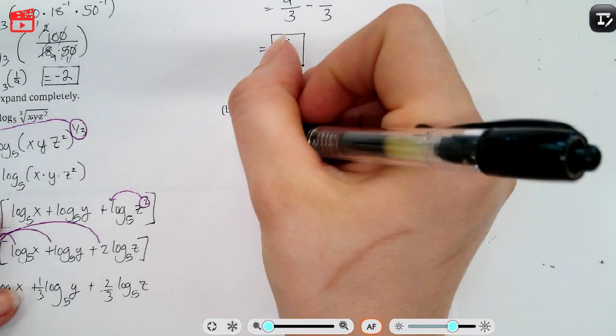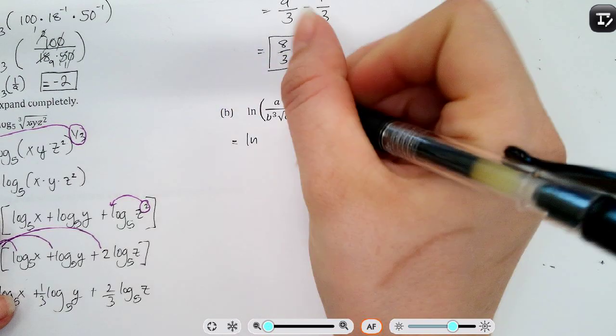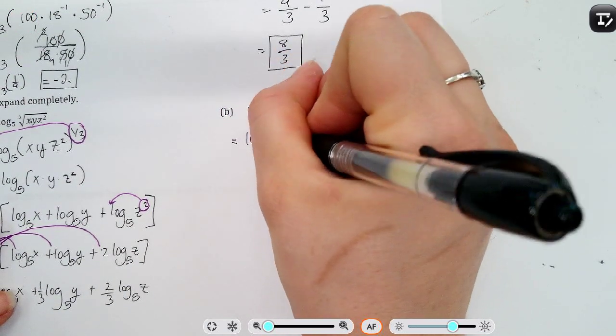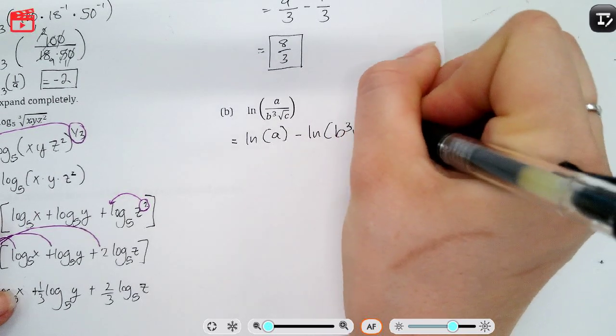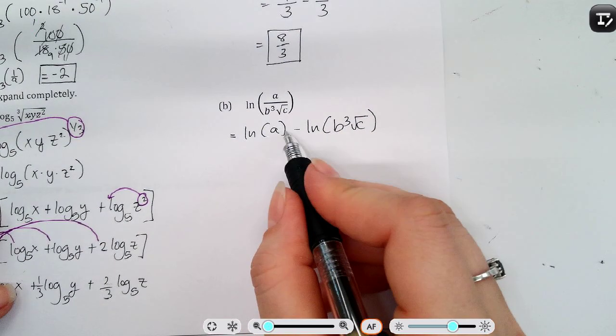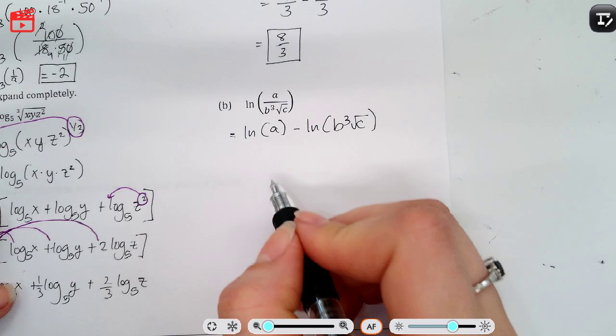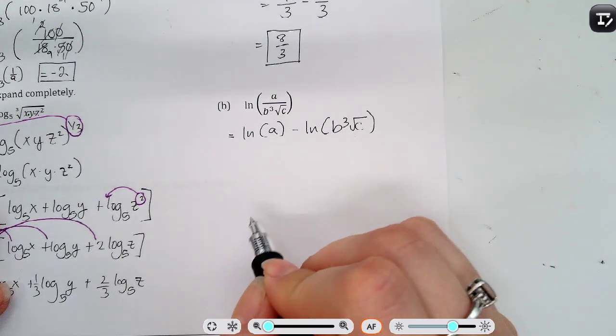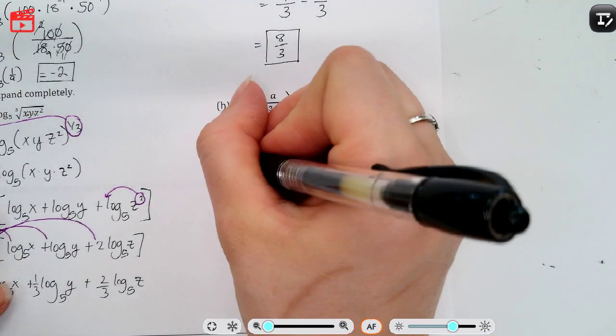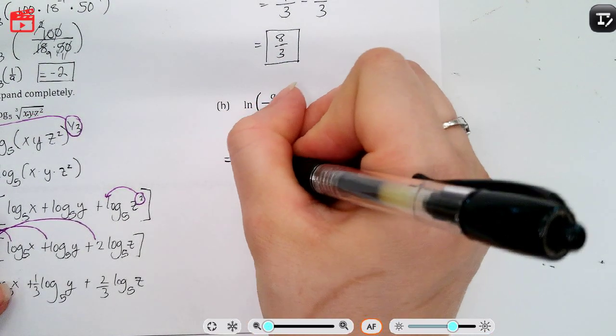Okay, let's go ahead and first expand this out with the subtraction. Okay, let's see. This one is simplified. There's only a and there's no exponents. This one, however, still has that multiplication going on and those exponents. So we're going to do natural log of a minus.